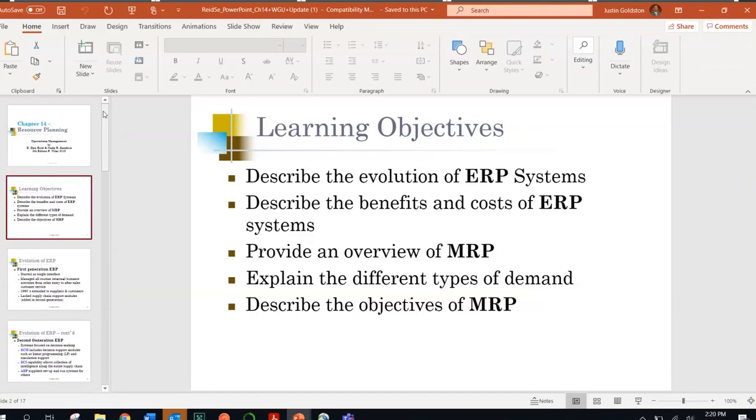Under that ERP umbrella, you have MRP, the material requirements planning module. Again, it's in the name. It schedules and plans my materials.